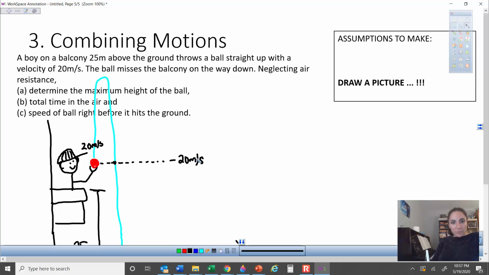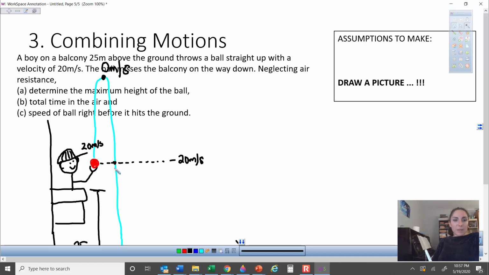I know the speed will be 20 meters per second at the same position, even though it's going up and down, because of that symmetry thing I was talking about. I also know at the very top that the velocity is 0 meters per second because it stops. So there's two pieces of information I got from this problem without the numbers being given, and that's a really important thing to do.